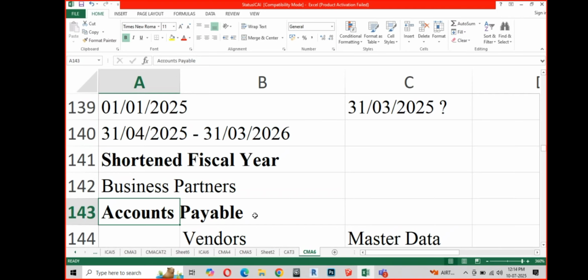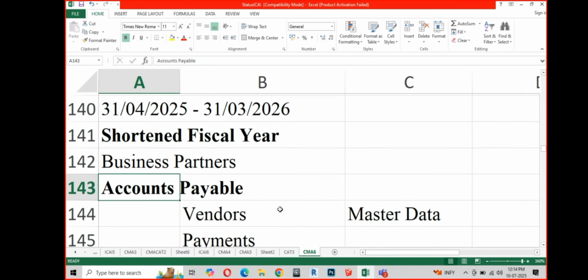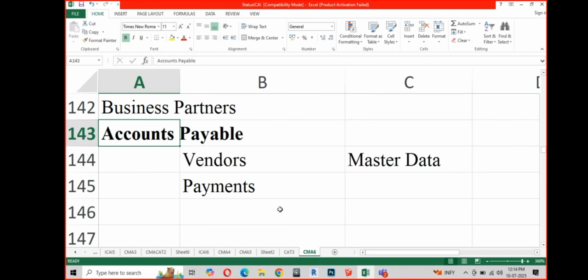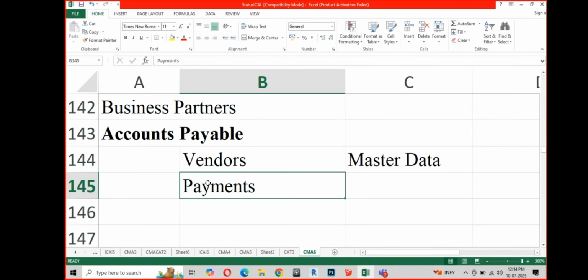Now, as far as the AP module is concerned, the payments is the most important thing that needs to be understood. Now, here again, in typical ECC SAP, how would you view the vendor or the customer master?